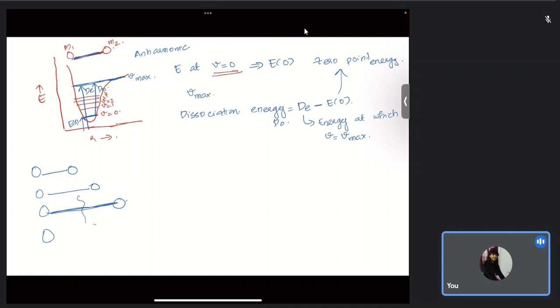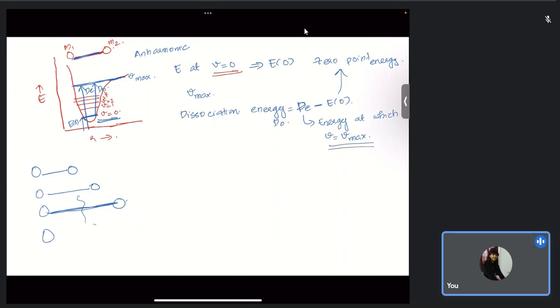Zero point energy is the minimum energy, the energy of the system at V is equal to 0. So how do we know what is E max? How do we know what is V max?